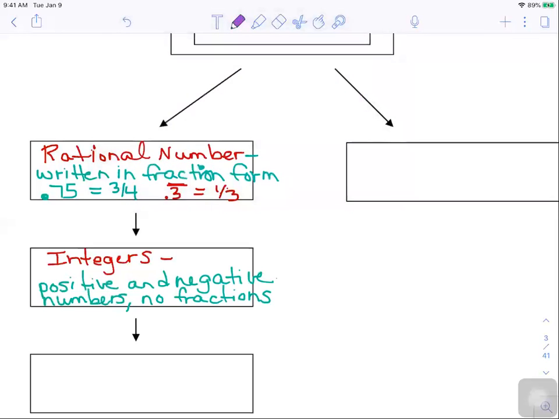An example of an integer could be maybe -3 or 5 or 100 or -9. Those are all numbers that are integers. So they're non-fraction form.